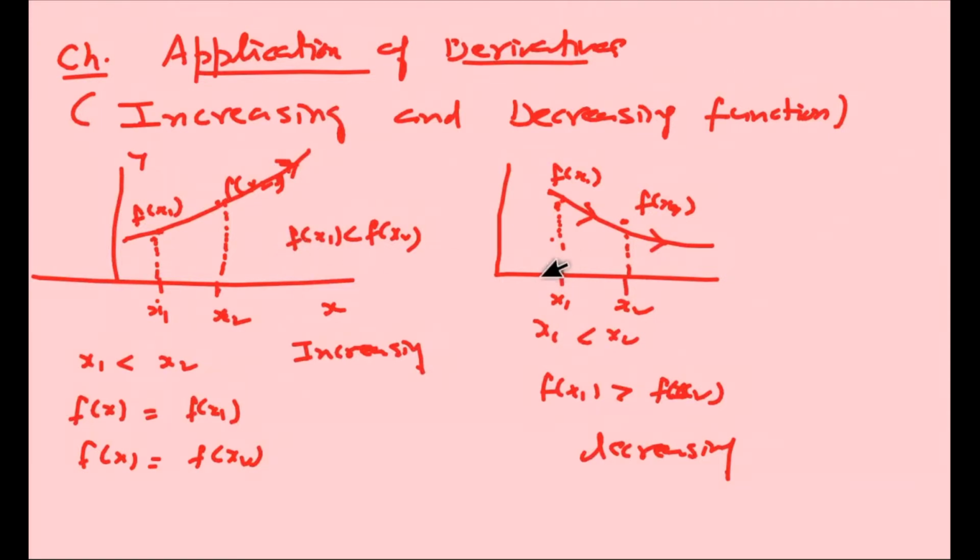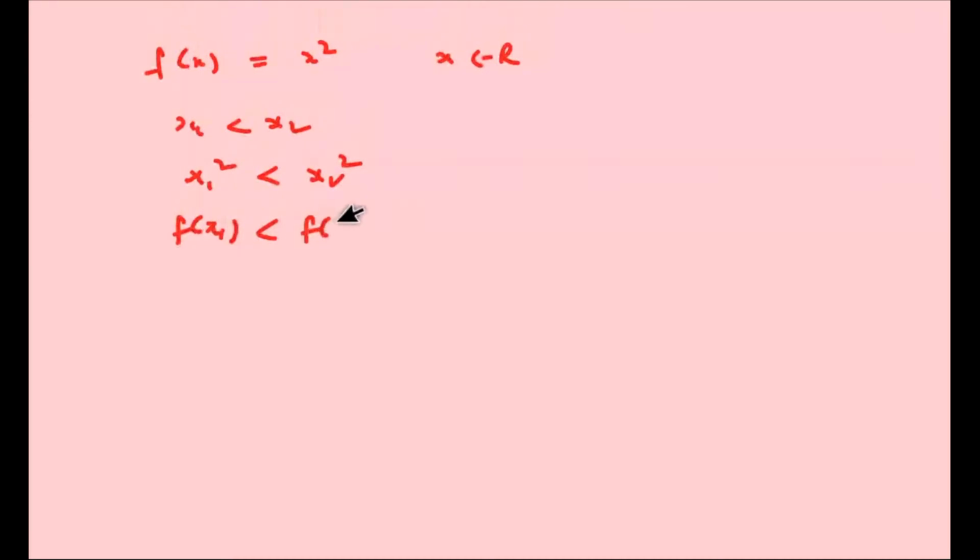It is very easy to see what is increasing and what is decreasing in the graph. But putting the values of x1 and x2 in any function and calculating is a very tough job. For example, take f(x) = x square, where x belongs to R. If x1 is less than x2, then x1 square is less than x2 square, so f(x1) is less than f(x2).